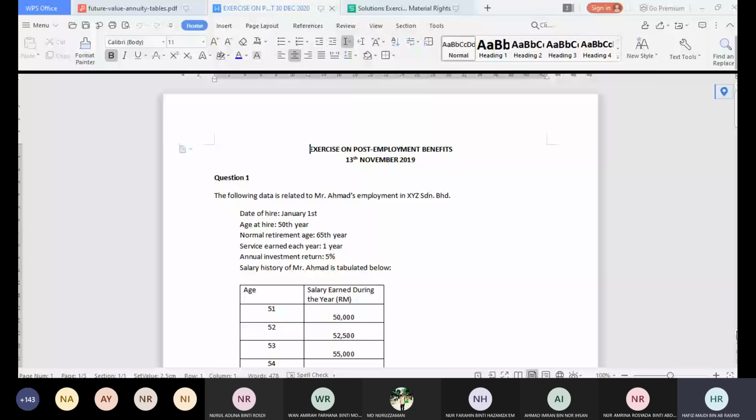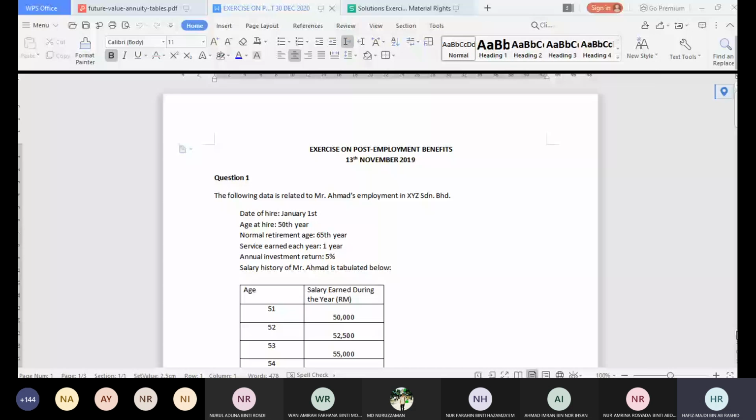Okay, it says that service is earned each year. That means after completion of every service year, Mr. Ahmad will earn some of the benefit provided by the company. Annual investment return, this information might be useful to calculate the contribution.